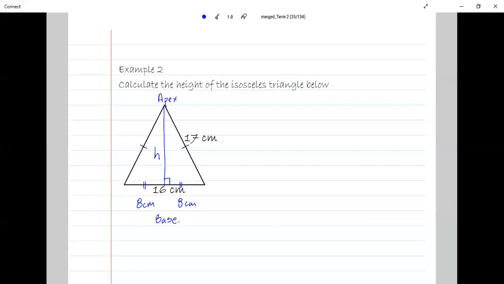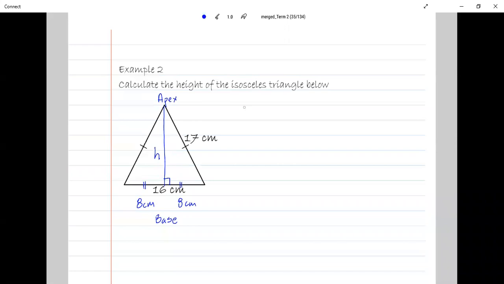How do I know that up there is the apex? Because I told you that the two equal sides of the isosceles triangle meet at the apex, and the side that is opposite from the apex is the base. And if a line is drawn from the apex to the middle of the base, that line bisects the angle at the apex, and it meets the base at right angles. It divides the isosceles triangle into two identical right angle triangles.